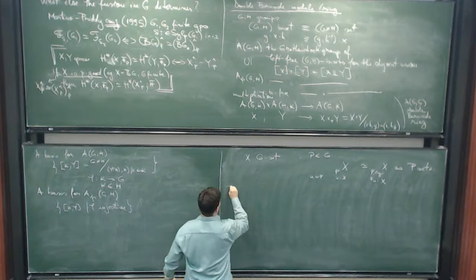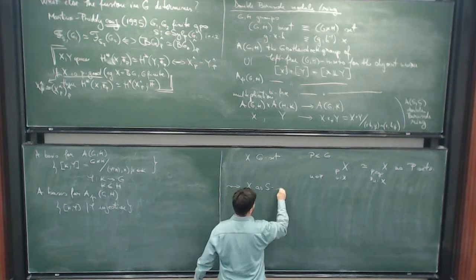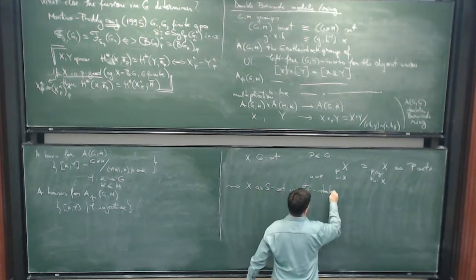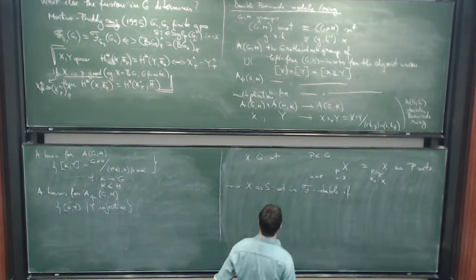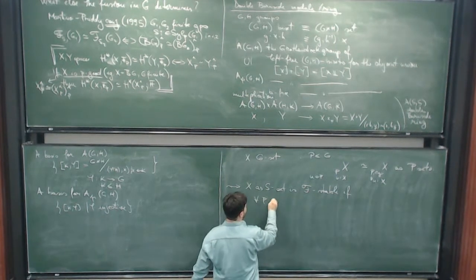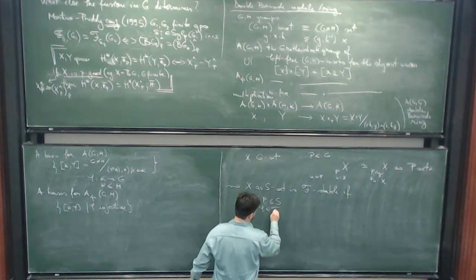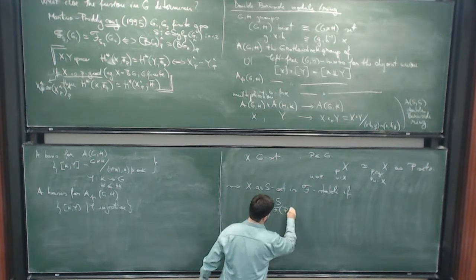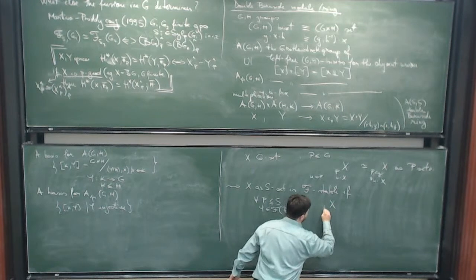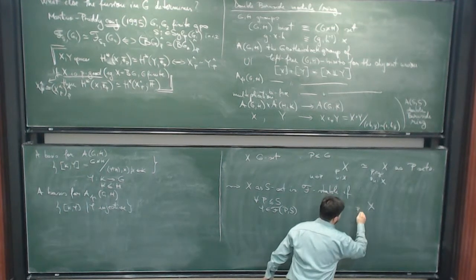Then we'll say that X, an S set, is F stable if we have exactly the same for all P subgroup of Q and phi a fusion inside of the fusion system: X restricted to P, or X restricted to P via phi.